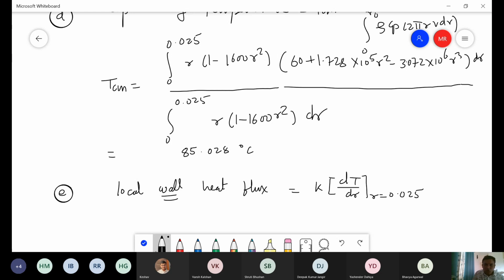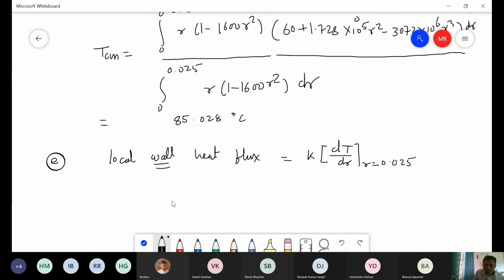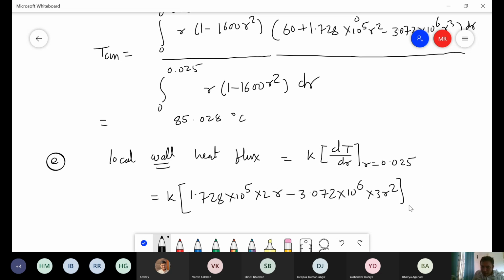What you are going to get is K into the differentiation of the temperature, which is 1.728 into 10 raised to the power 5 into 2R minus 3.072 into 10 raised to the power 6 into 3R square, and this has to be found at R equals 0.025.